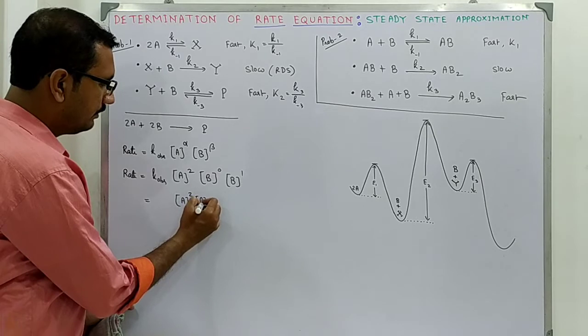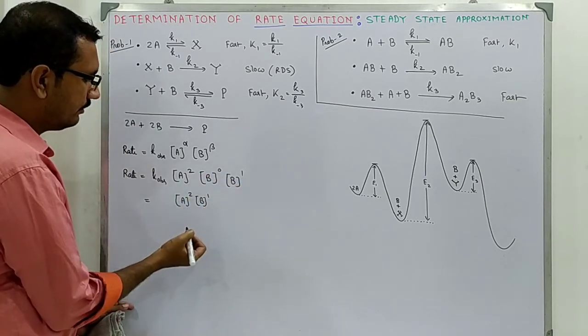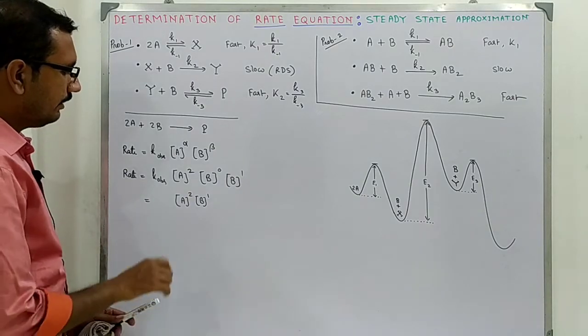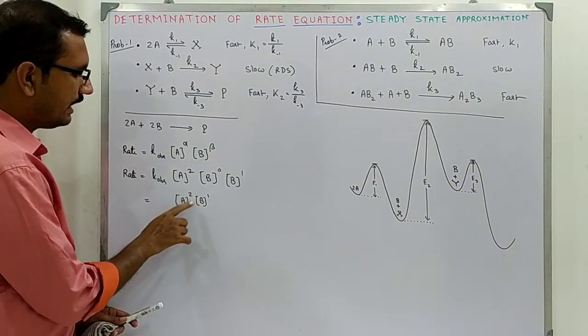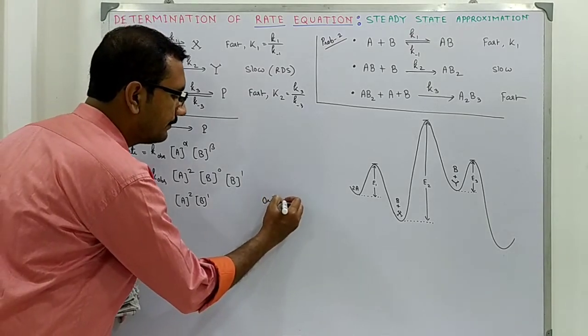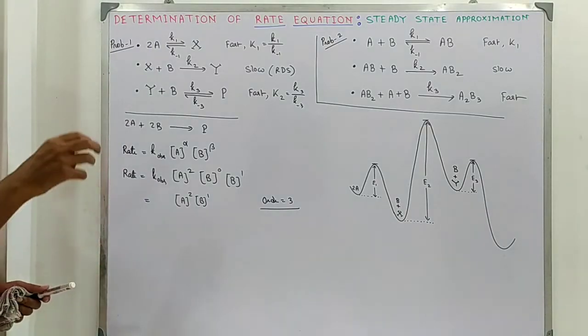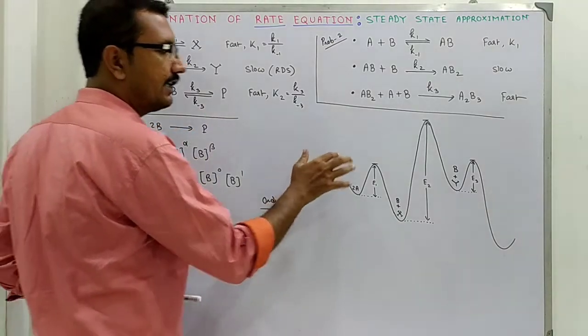This one becomes 1, so it will be left only. So the order of the reaction is 2 with respect to A and 1 with respect to B. So the overall order of the reaction will be 3. This is the theoretical prediction only, just by watching the energy profile diagram.